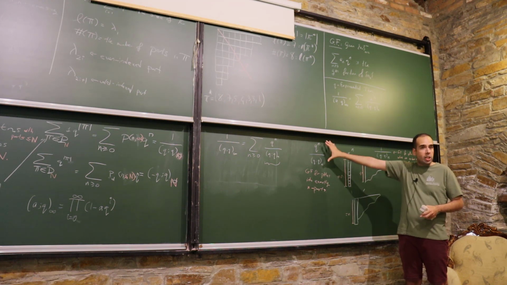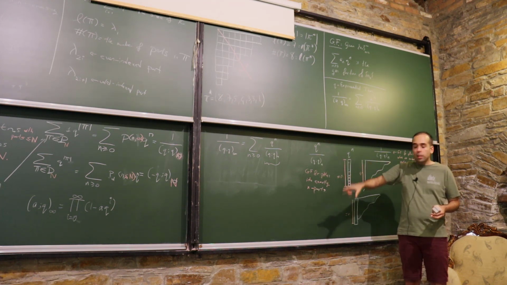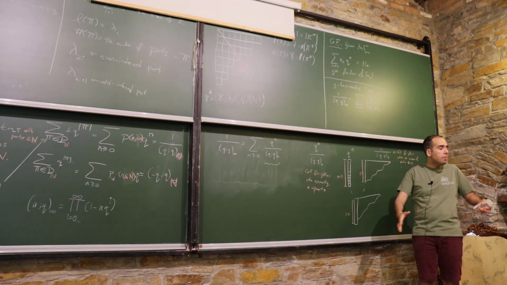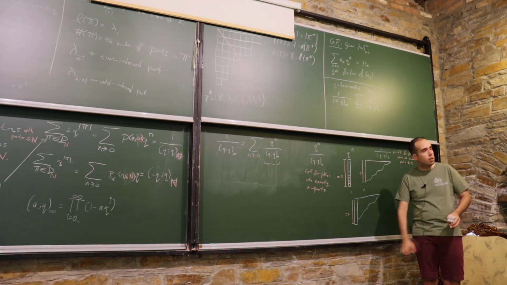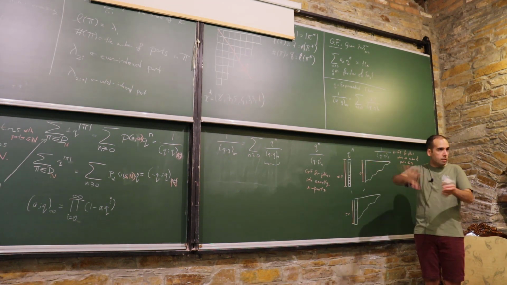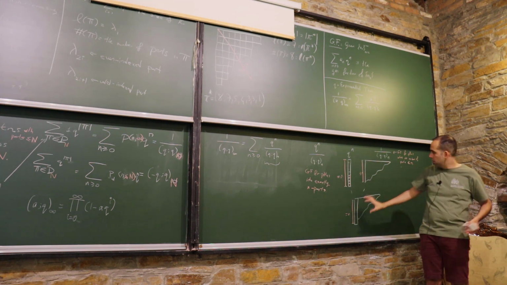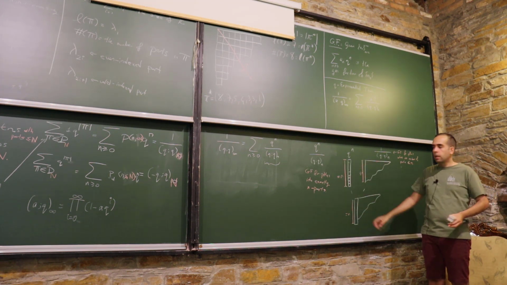So I have the generating function for all the partitions into exactly n parts. Because to give me a partition into n parts, I would just take the first column, that is my q^n, and the rest, that is any partition that is coming from here, right?